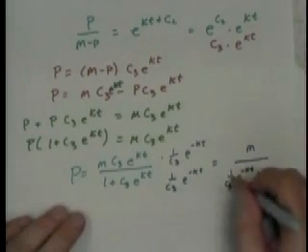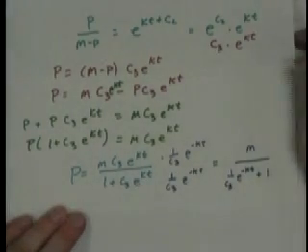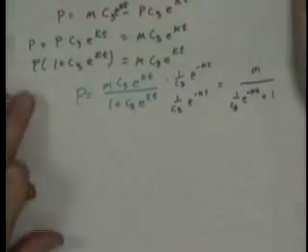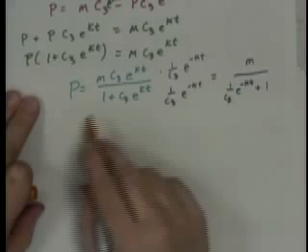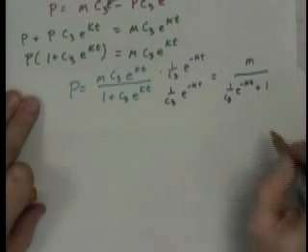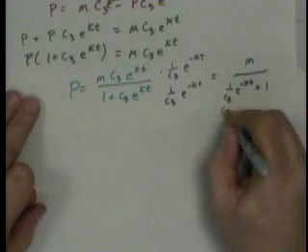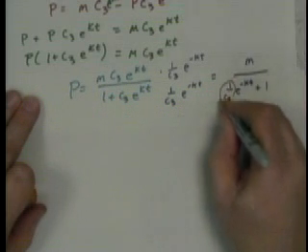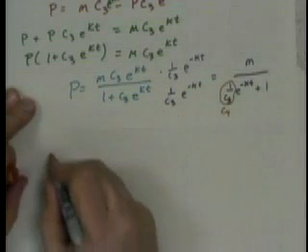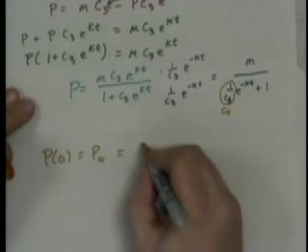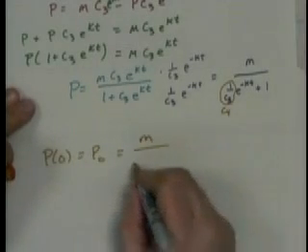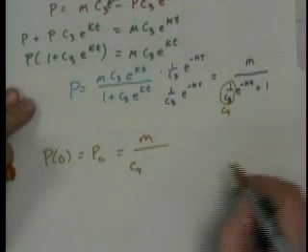What do we have left? We have to figure out the initial conditions and figure out what that 1 over c3 thing is going to be. I could write it as c4, but let's, yeah, I guess I will. I'll call it c4, this part right here. So P of 0 equals P naught equals what I get when I plug in 0 for t.